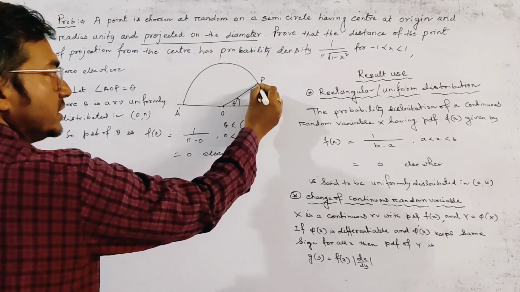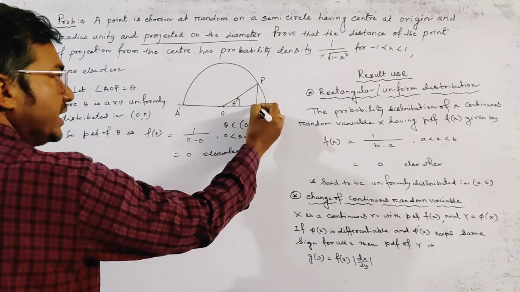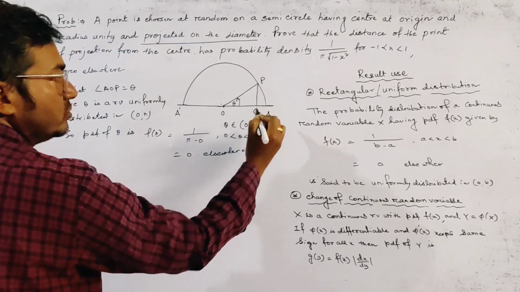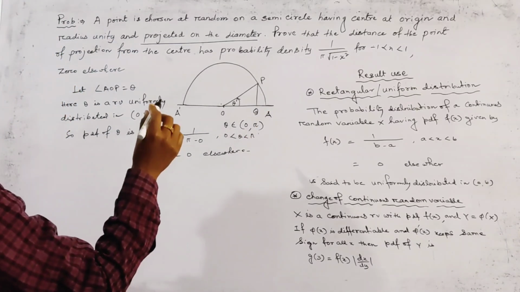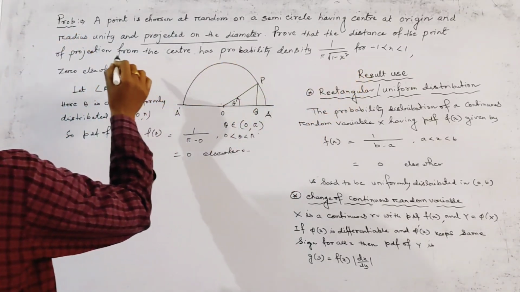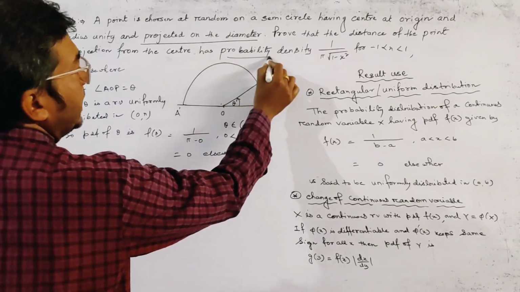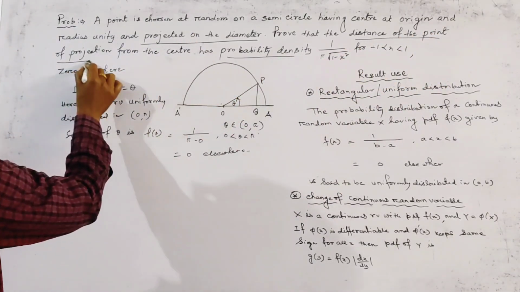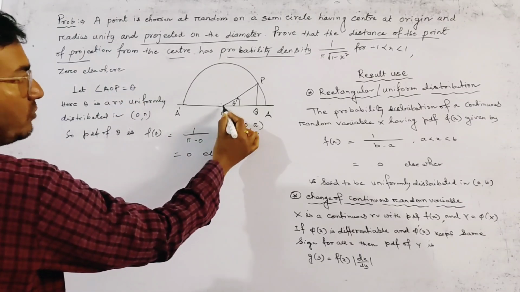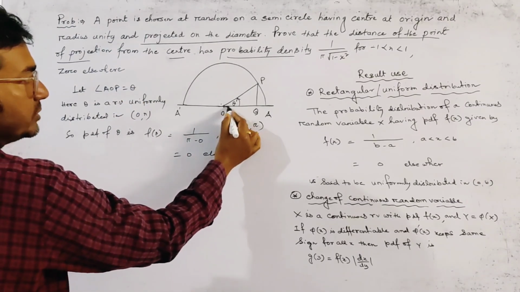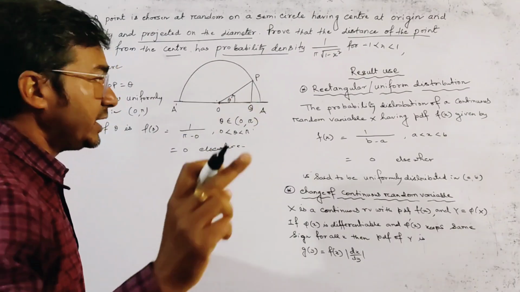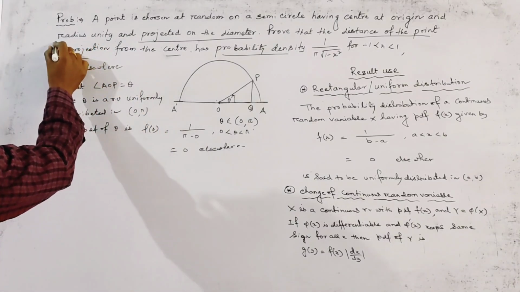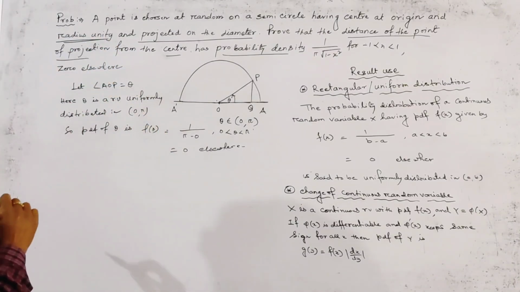So we project this point on the diameter, let it be Q. We have to find the probability density of the distance of the point of projection from the center. Here it is given that the radius of the circle is unity.